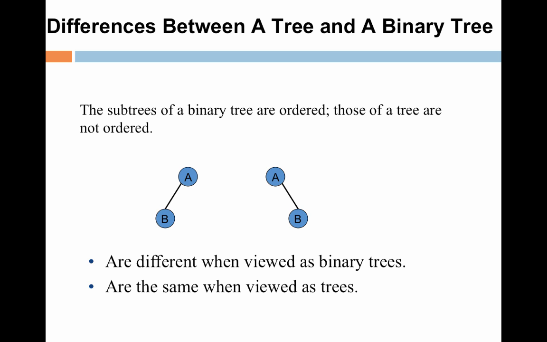We call this the leftmost child right sibling representation of a tree. So in the implementation, there is a well-defined ordering of the children. But in the specification of the abstract data type, we do not have any such mandate to have an ordering of the children. Whereas in a binary tree, we definitely have an ordering of the at most two children of any node.